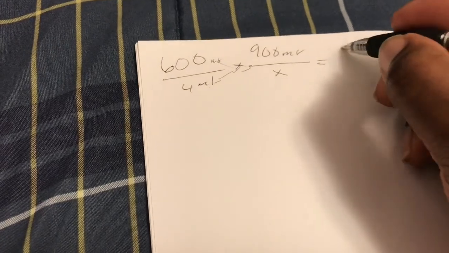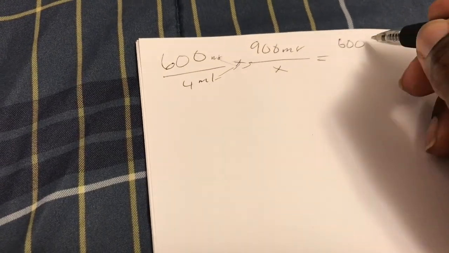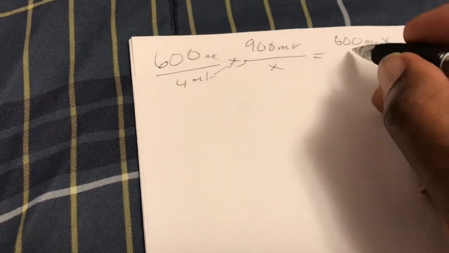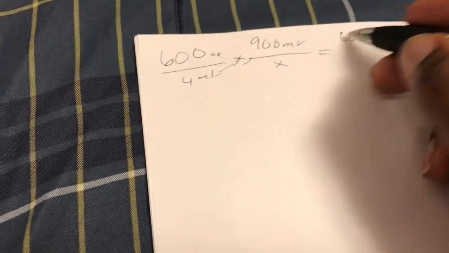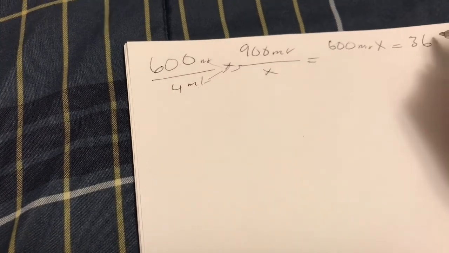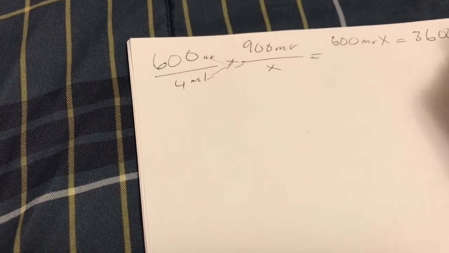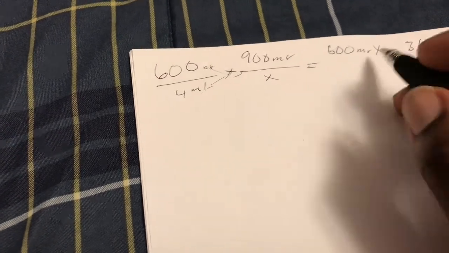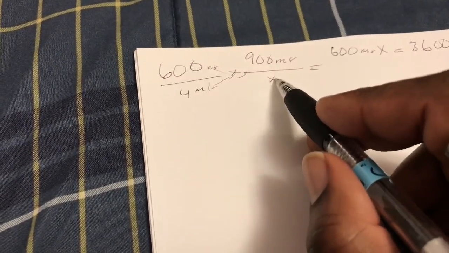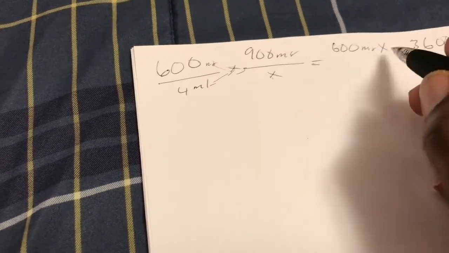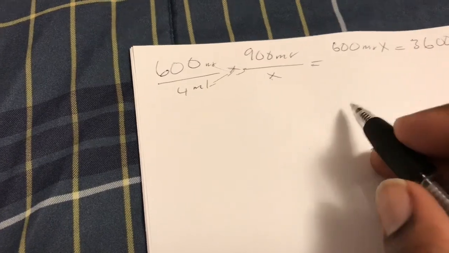Your answer should be 600 milligrams, in a sense, X equals 3,600 mLs, in a sense, right? But you still haven't found X yet to see how many mLs you need to make that bag. Okay, so let's get the X by itself.